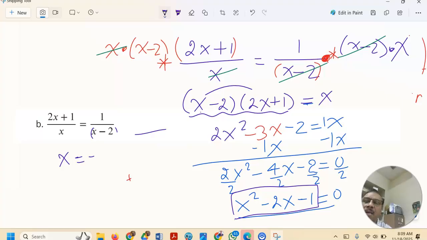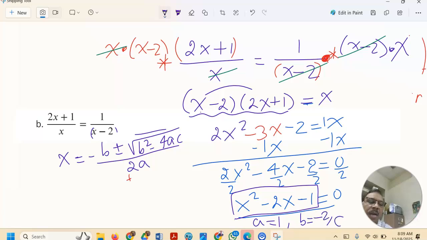So many of you forgot. This is the quadratic formula, divided by 2a. So a is 1, the number before x squared is 1, b is minus 2, and c is minus 1.